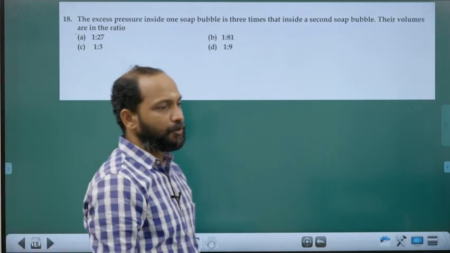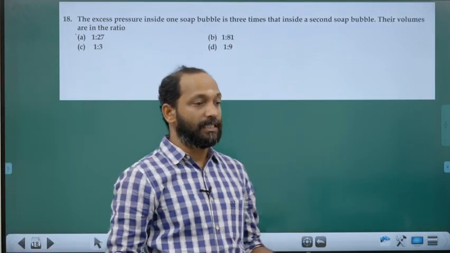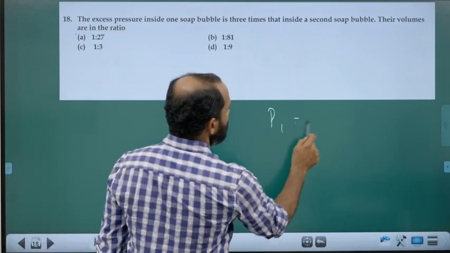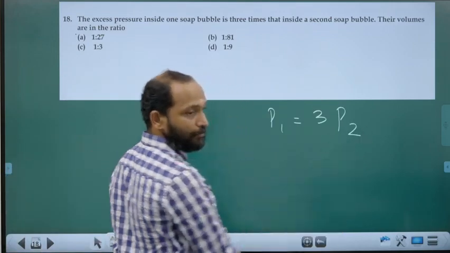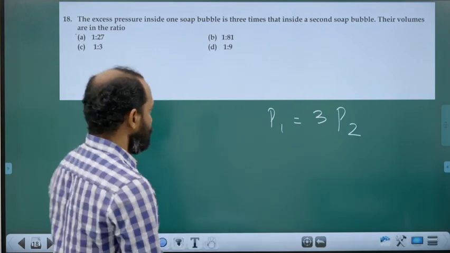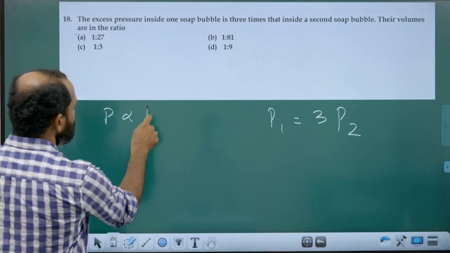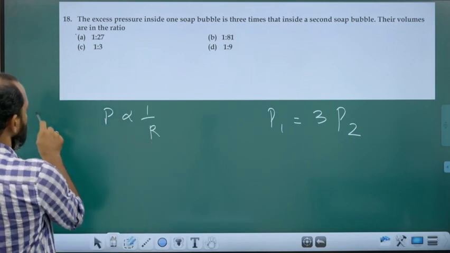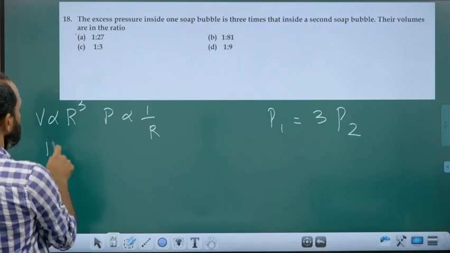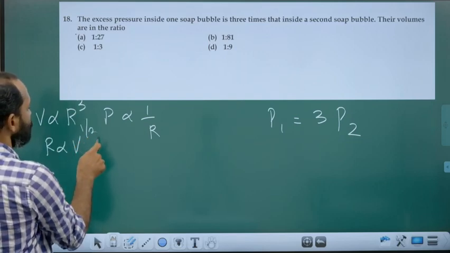Question 18. Excess pressure inside one soap bubble is 3 times that inside the second soap bubble. That is P1 is equal to 3 times P2. Their volumes are in the ratio? So excess pressure P is proportional to 1 by R, but volume of a spherical bubble is proportional to R cube, that is R is proportional to V raised to 1 by 3.